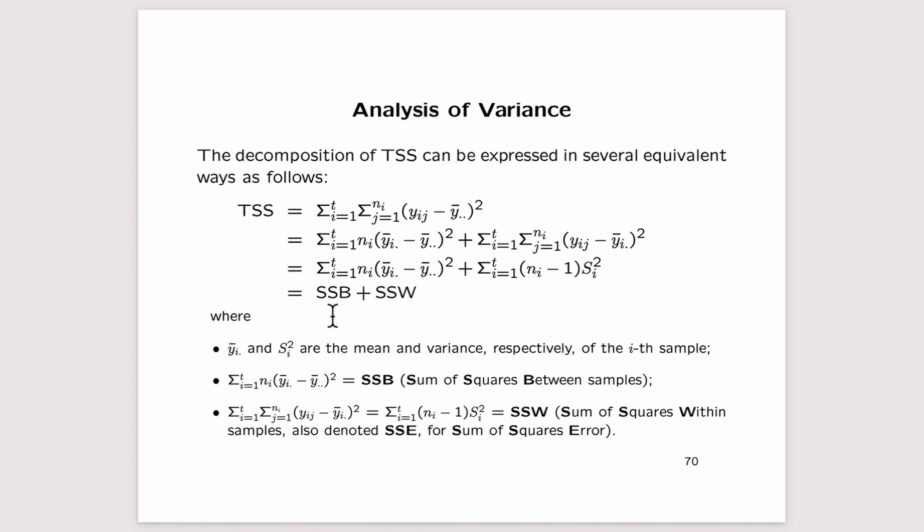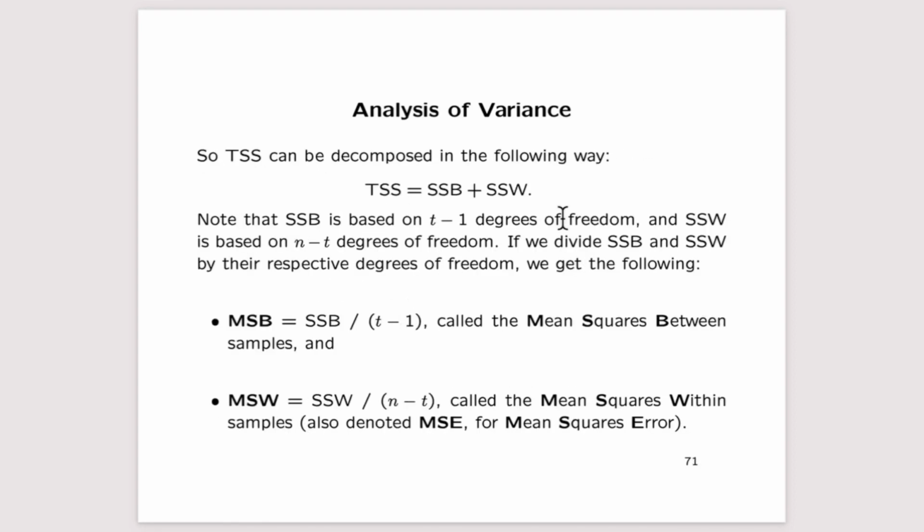Again, the two components that we partition that total variability into are called the sum of squares between samples and the sum of squares within samples. Now, the way that I approach this when I teach the first methods course, notice that there are three components here, and we have this equation which constrains the values.